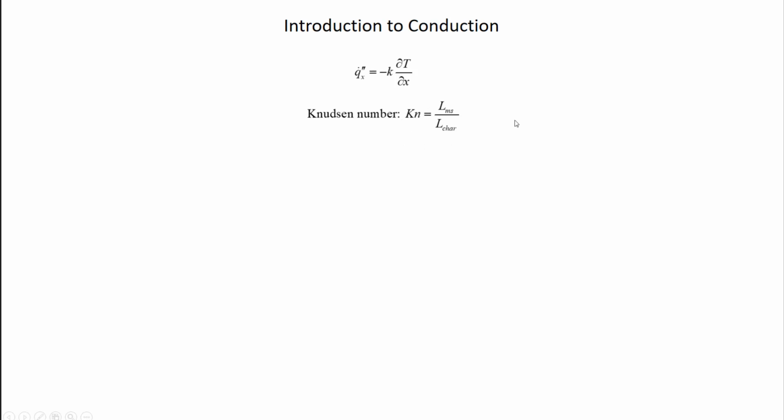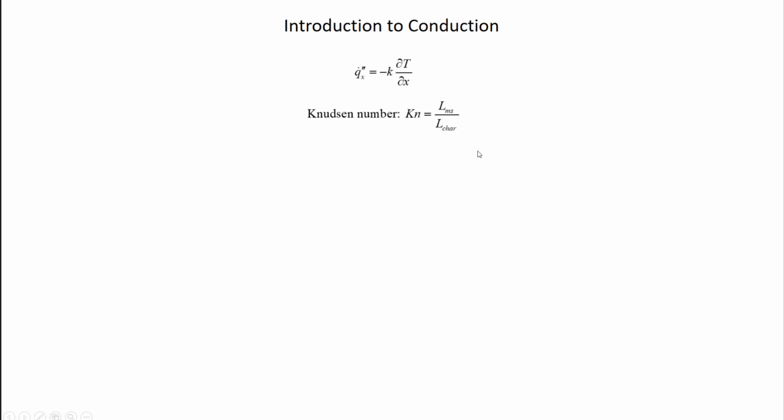There's a couple of situations where I've experienced this. One is we used to do some work in microscale heat transfer problems. Microscale heat transfer problems being problems where the scale of the problem that you were looking at gets very, very small, on the order of tens of nanometers, right? And if that's the case, then you might get to the point where your characteristic length is so small that the Knudsen number actually starts to approach 1.